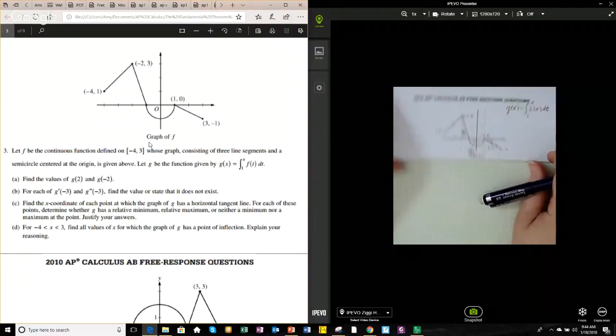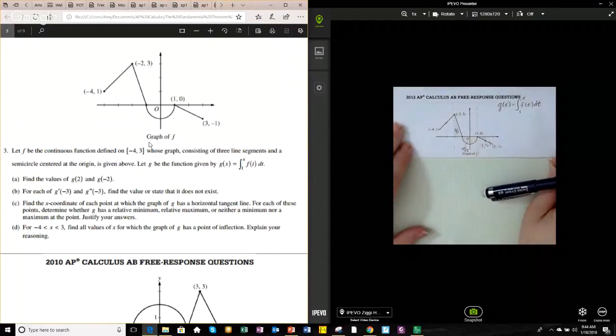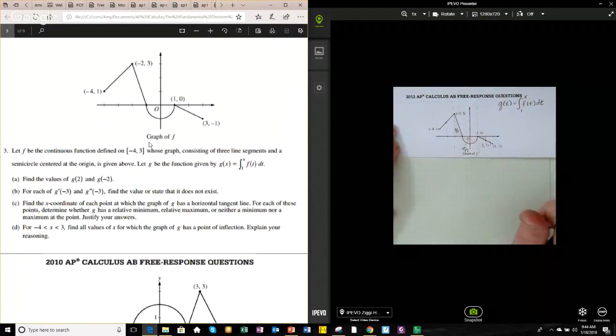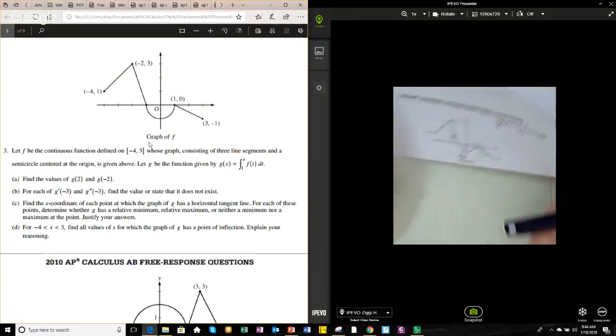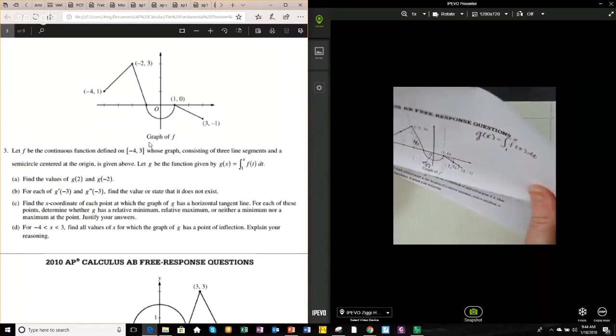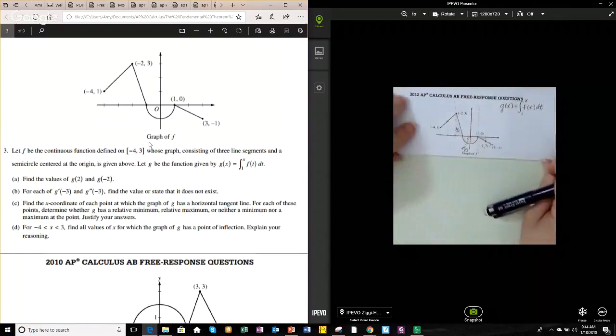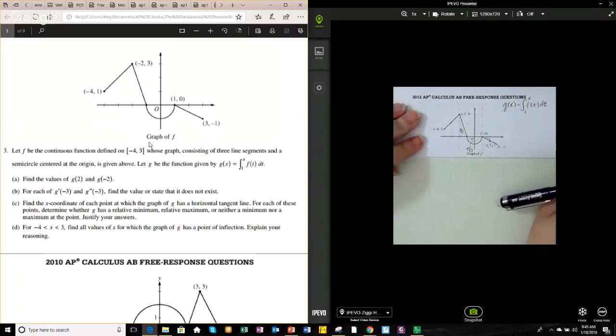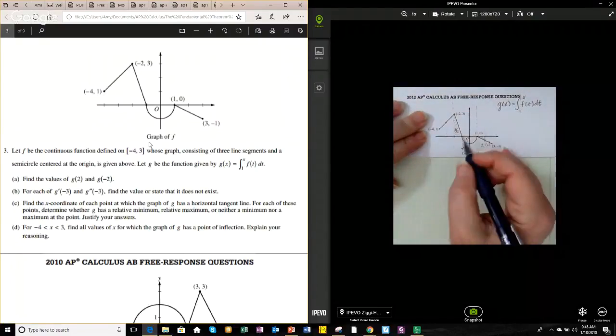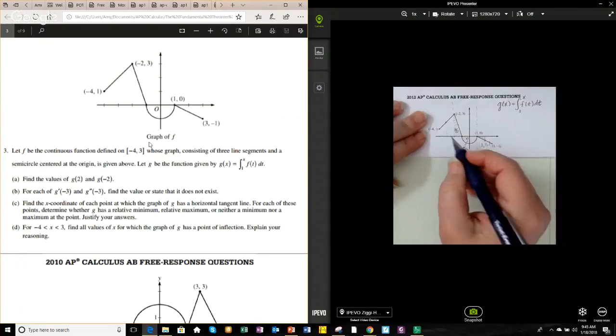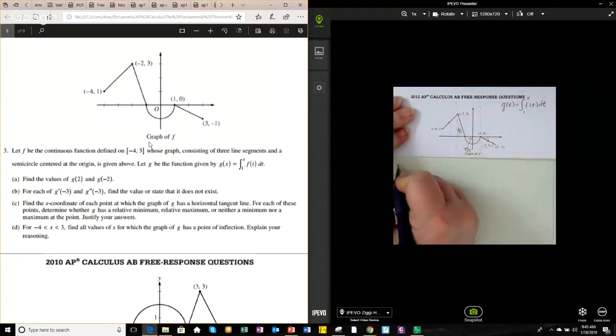Part C. All right, part C says find the x-coordinate of each point at which the graph of g has a horizontal tangent line. All right, so this graph g has a horizontal tangent line somewhere. I like to do a sign chart, so we're going to do a sign chart. I'm going to write this down.